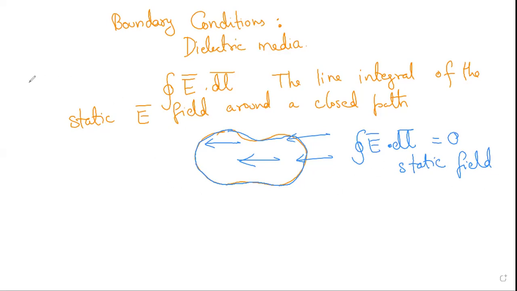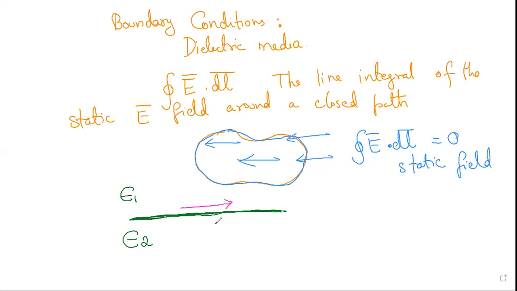Now I'm talking about boundaries. What happens to the field at boundaries? Now, suppose this is the boundary between one medium which has electric permittivity epsilon 1, and the other having epsilon 2. And I am talking of an electric field which is tangent to this boundary.